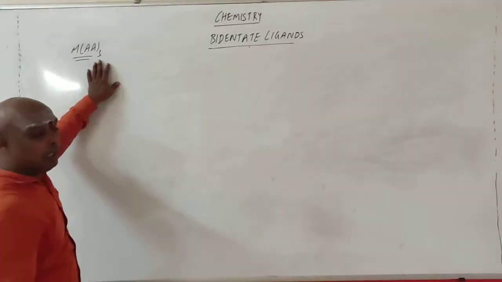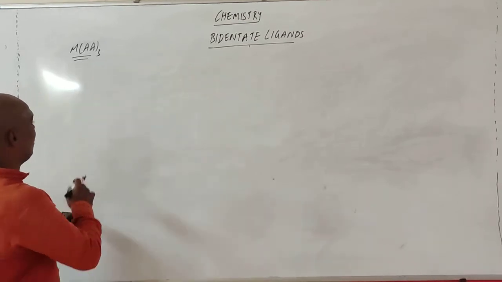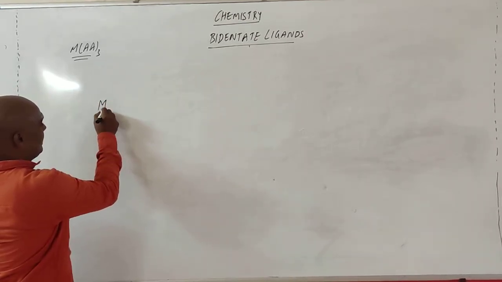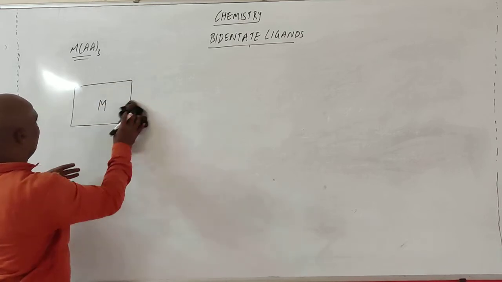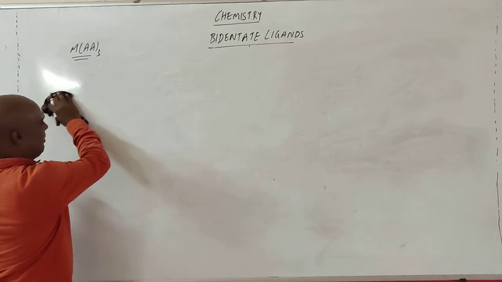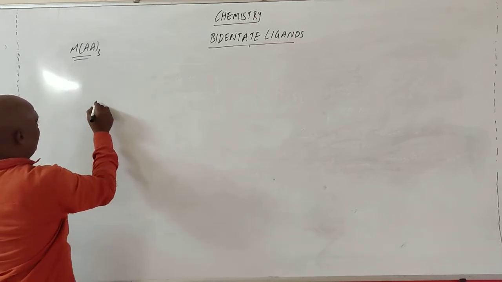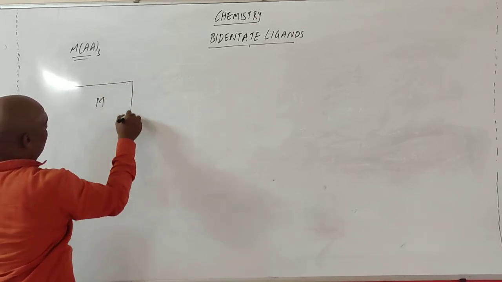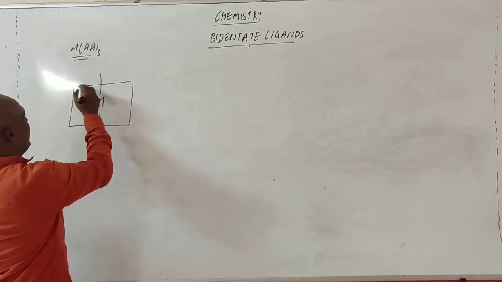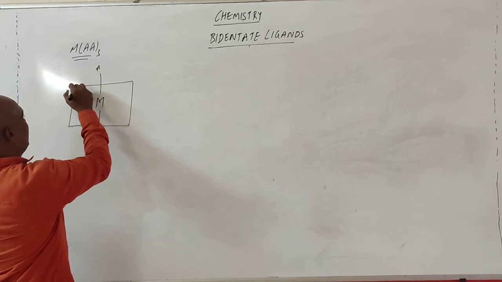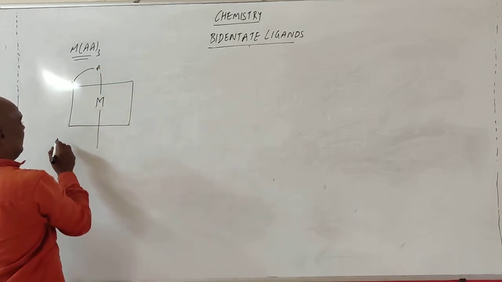So it is an octahedral complex. In the octahedral complex, I am taking the molecule like this, with M surrounded like this. It is present at the bottom and top. Here A is there, and these two are linked.